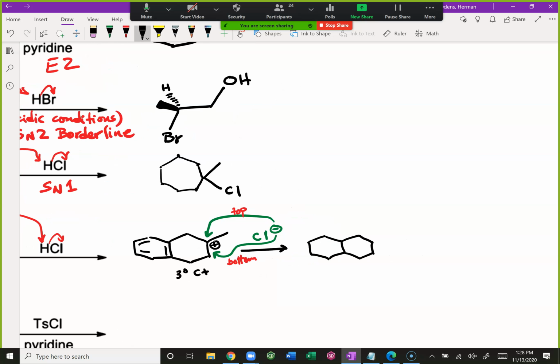To speed up, I just draw the skeletons first. And then I put the substituents. So 1 up, 1 down, 1 down, and 1 up. So those are the 2 products you get.